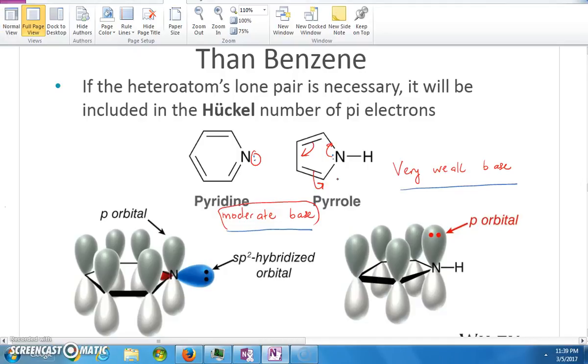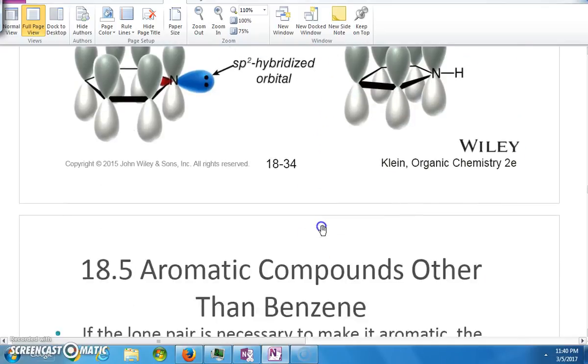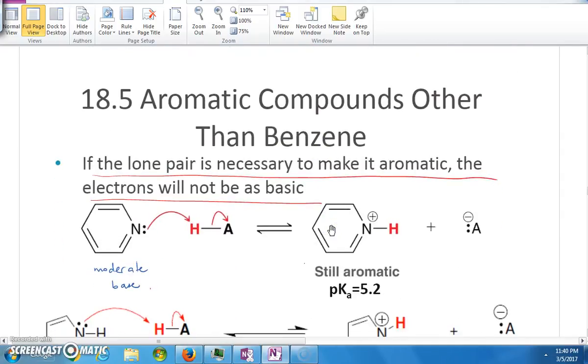So this electron pair in the unhybridized p orbital can be used to help pyrrole become aromatic, and once it becomes aromatic, it becomes exceptionally stable. Now, if the lone pair is necessary to make it aromatic, the electrons will not be basic. Of course, that makes sense.